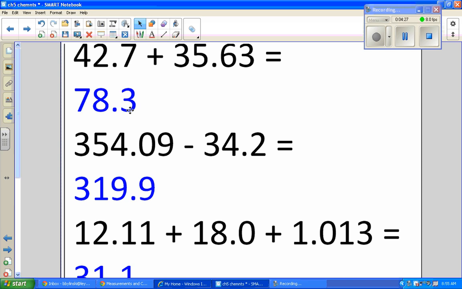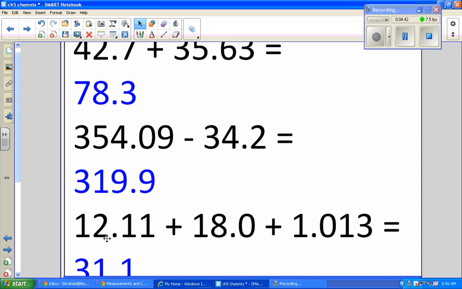In the next example, if you plug in 355.09 minus 34.2 on the calculator, you get 319.89. Why do I have 0.9? Again, 2 decimal places, the 0.09, 1 decimal place for the 0.2. You need to round your answer, we'll talk about rounding in a second, to 1 decimal place. Okay, and if you have more than 1 number, it's fine. 12.11 plus 18.0 plus 1.013.